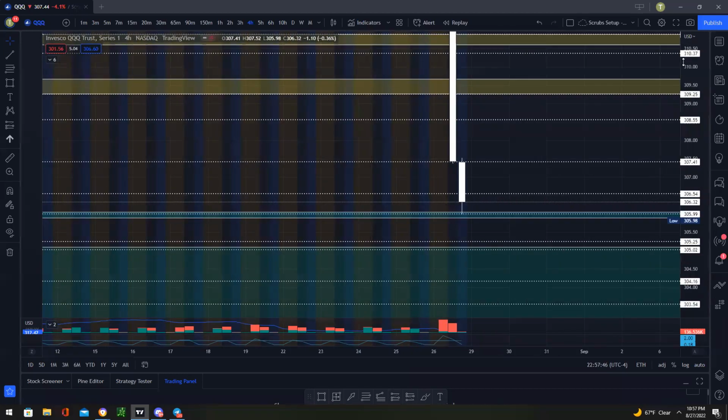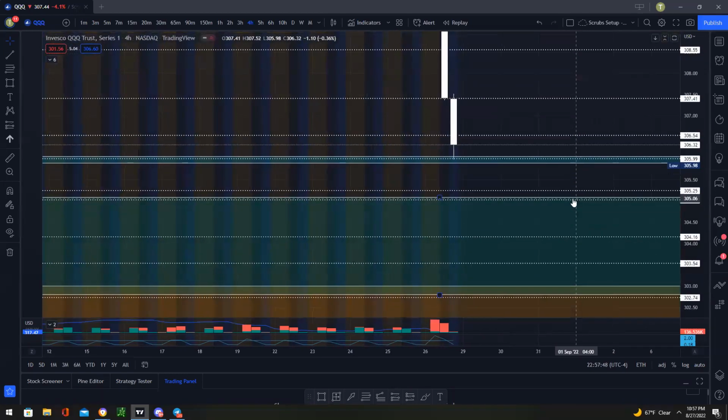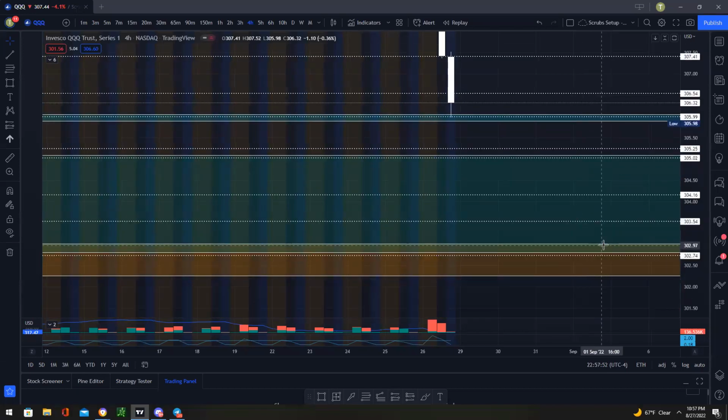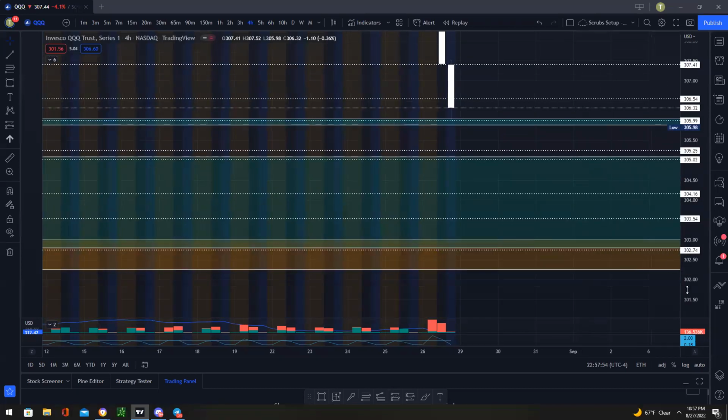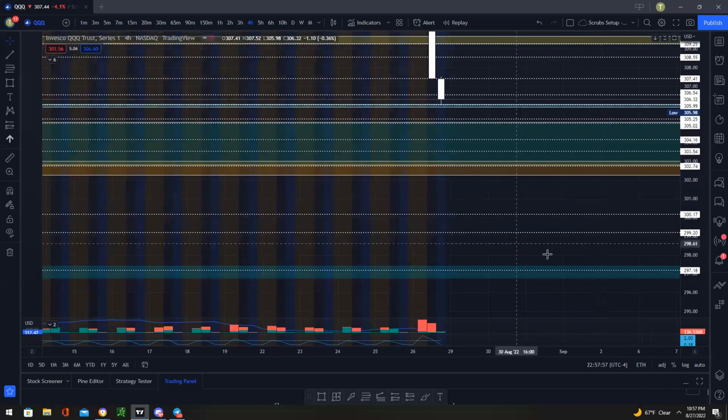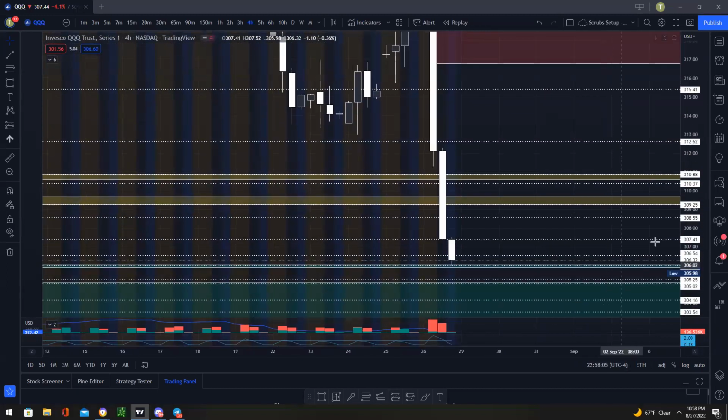Okay, if we break below 306, 305, 304, 303, 302, and 300 will probably be my max target for this week. 300 should very well probably get defended. If it does not get defended, then we go down to 297.